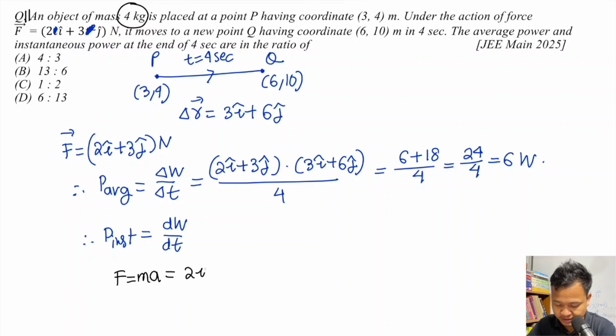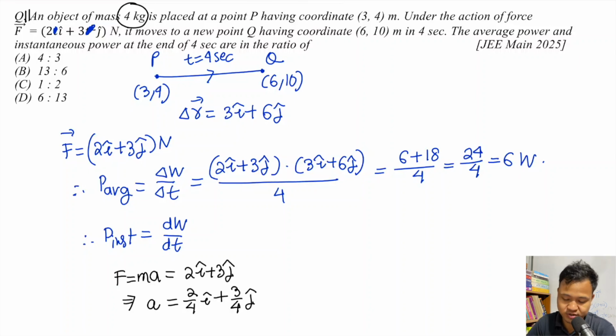Force is 2i plus 3j and mass is 4, so acceleration is 2 by 4 i plus 3 by 4 j, force by mass. If I have acceleration, I can find velocity. Here acceleration is constant, so I can use the kinematic equation.